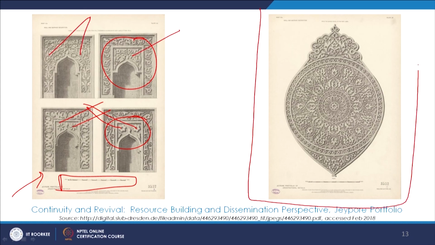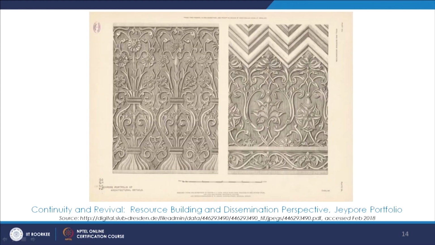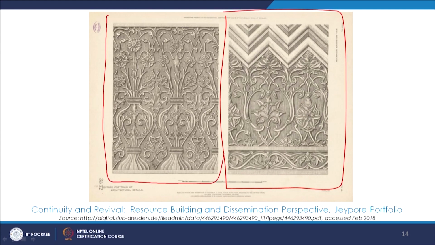Similarly, we see this detail over here in another plate of the Jaipur portfolio. Some more details, very beautiful, intricate details of the wall decoration and the surface decoration, all the craftsmanship that we see here, because we have been talking about craft and technology in interior architecture. And here we are seeing this space making element wall, and we see all these intricate details which are done at this surface. And this is sheer craftsmanship and how it was done by hands.